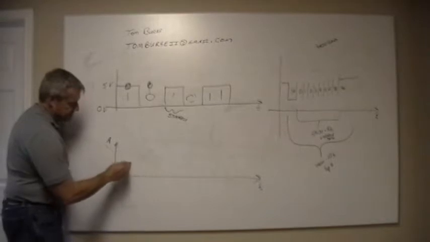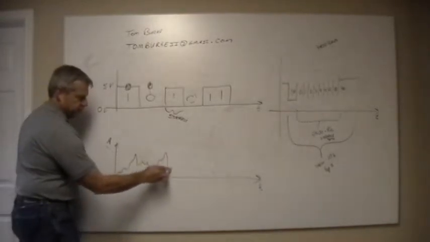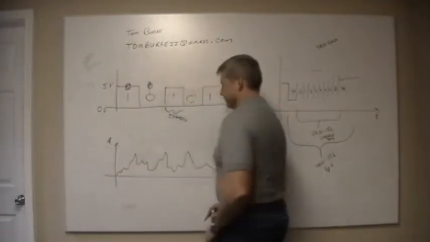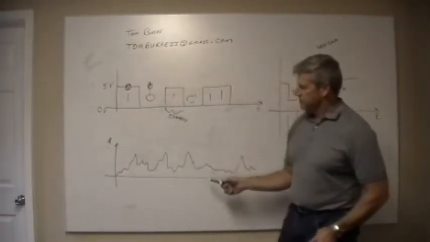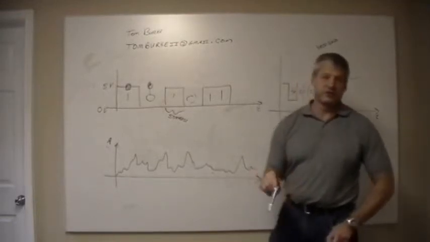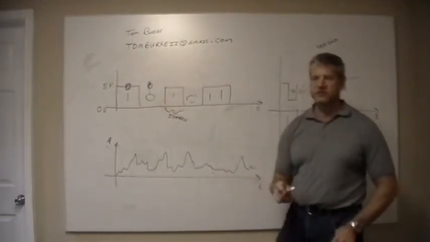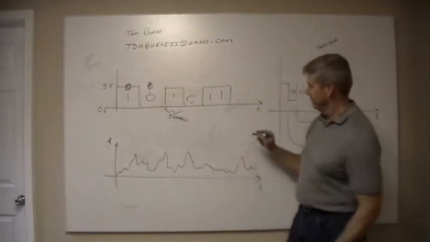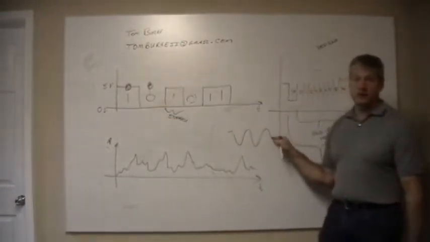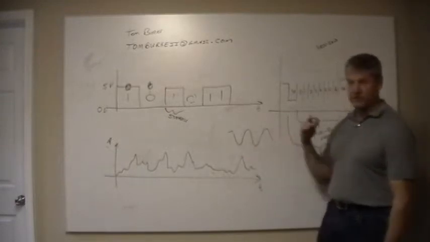At any given time, the voltage can be anything. And so we use something called an analog to digital converter. Sound, for instance, could be anywhere in there. It's this happening over and over and over.